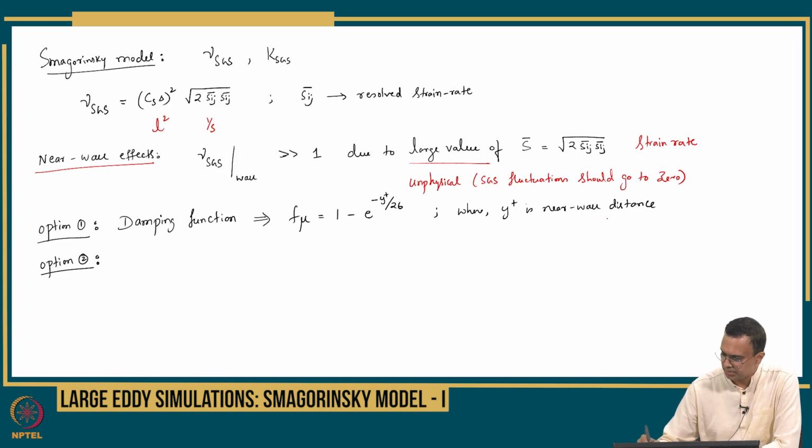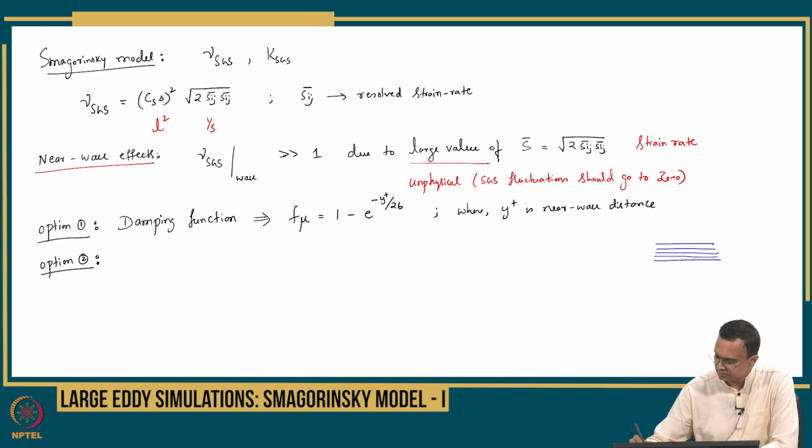If I take a mesh close to the wall, this is the delta y, but the delta x, let's say, is large, a large delta x and a small delta y, and maybe a large delta z also in the other direction.